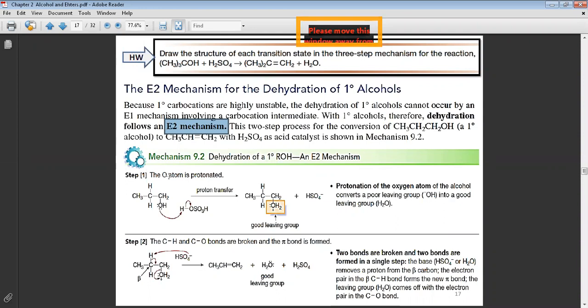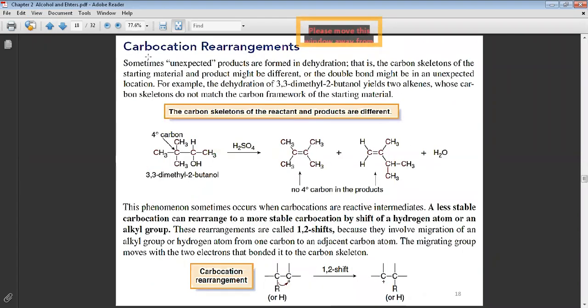Primary alcohol gives you primary carbocation. Primary carbocation is not stable. We talked about this before: if we have a carbocation, will rearrangement happen or not? Yes, it happens.